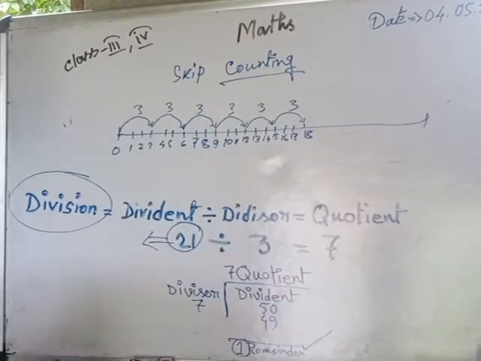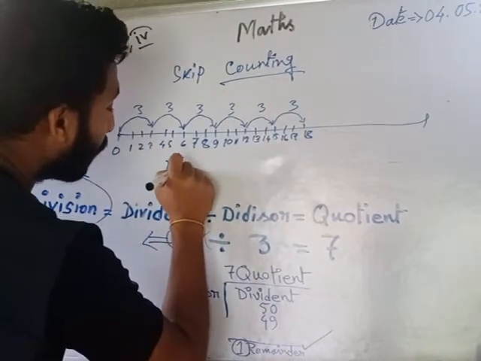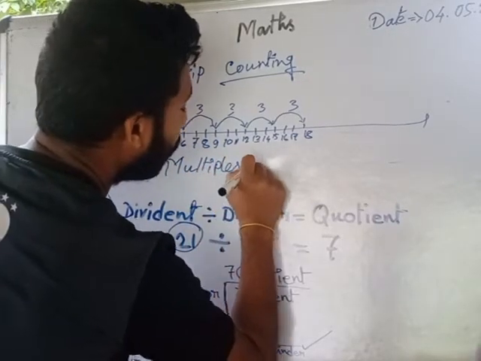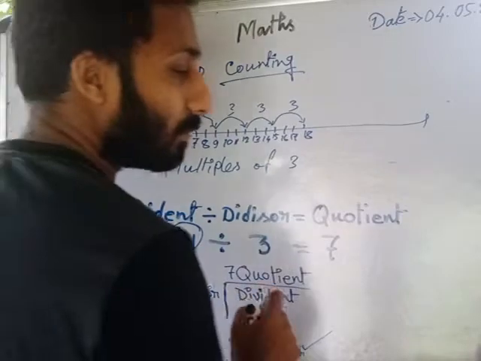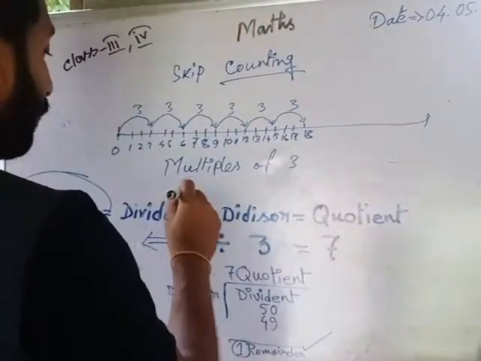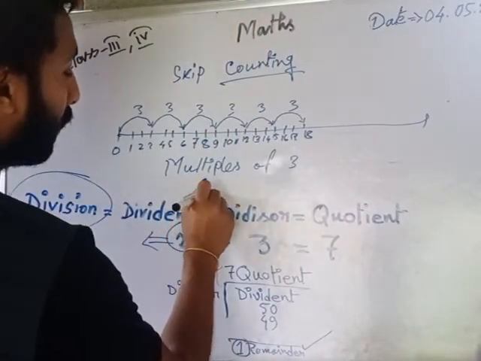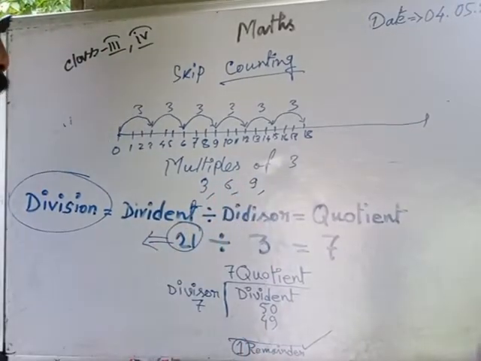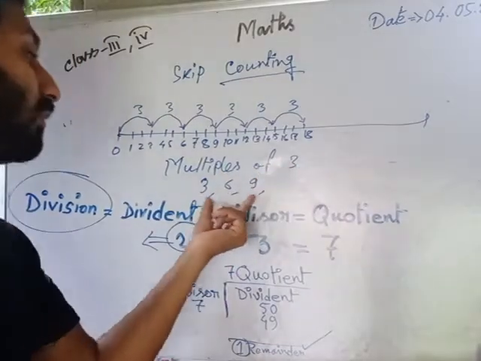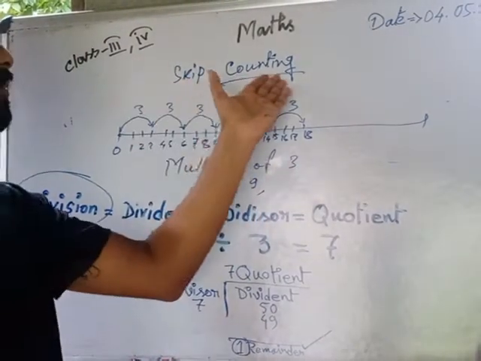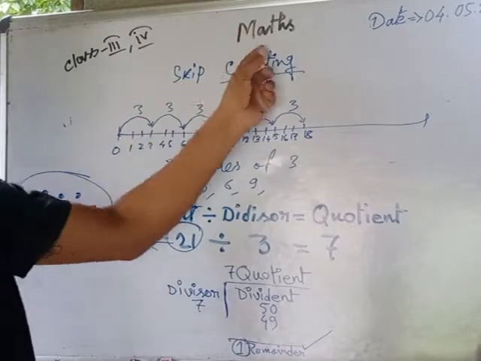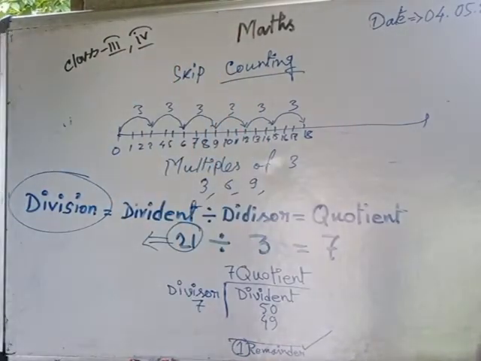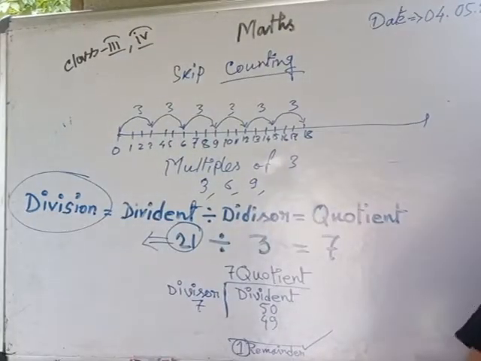That means the multiples of 3. 3 ones are 3, 3 twos are 6, 3 threes are 9. When it is the table of 3, that is also the multiples of 3. So when we do skip counting, we get the multiples of 3.